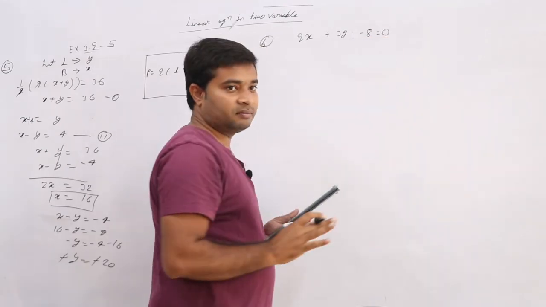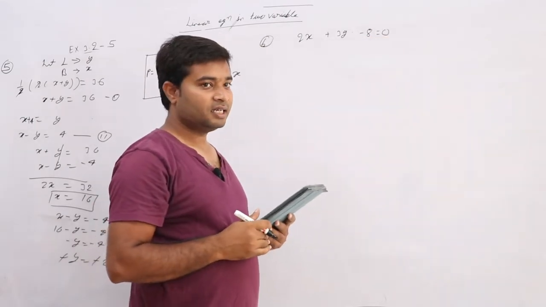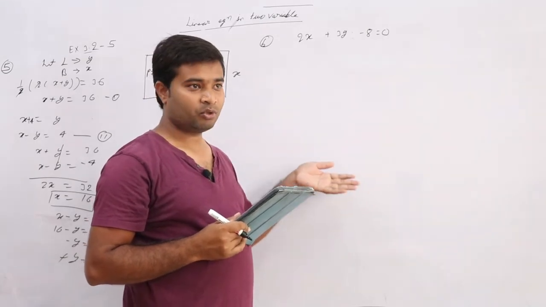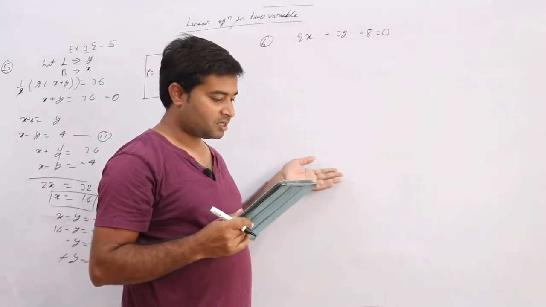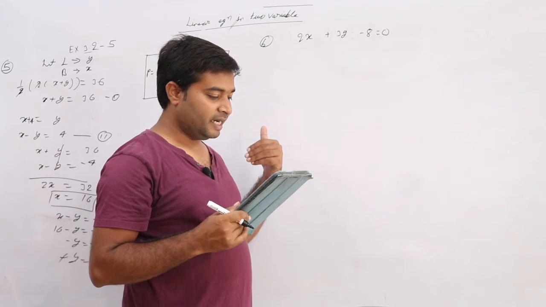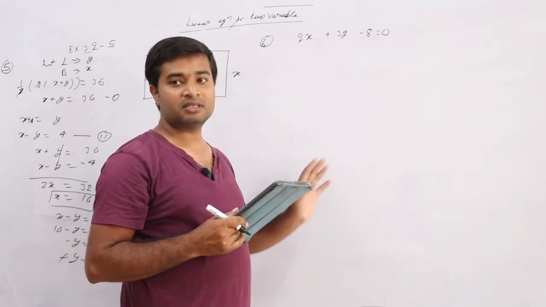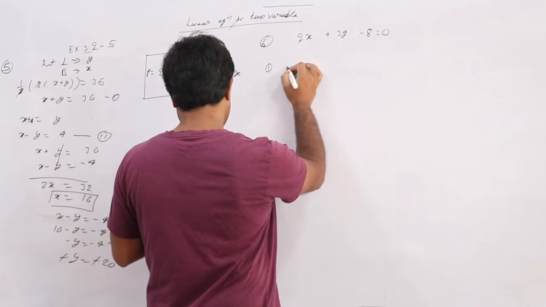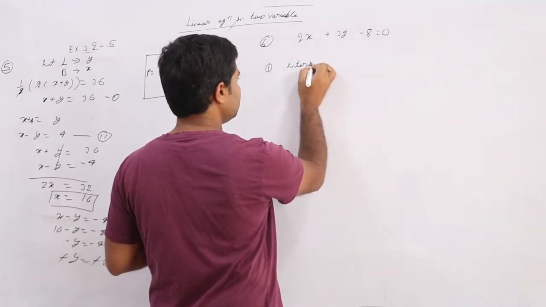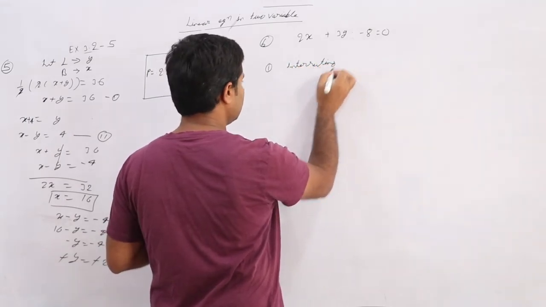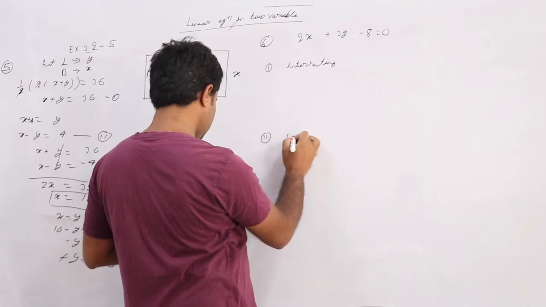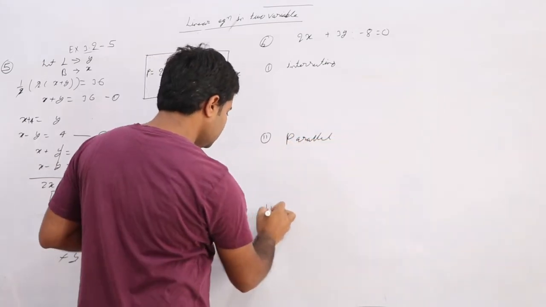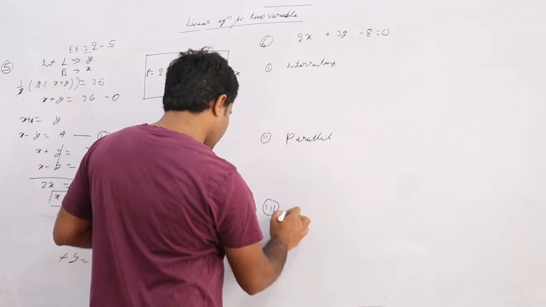One equation is given and one more equation is to be written from our side, and that is for intersecting, parallel and coincident. First one is saying intersecting, second one parallel, and third one coincident.